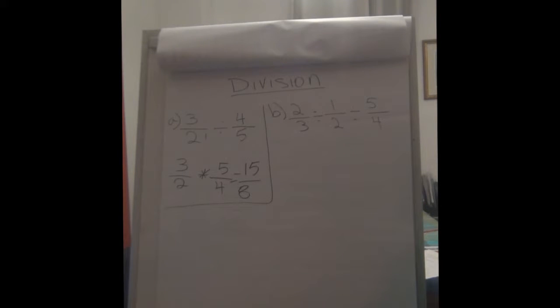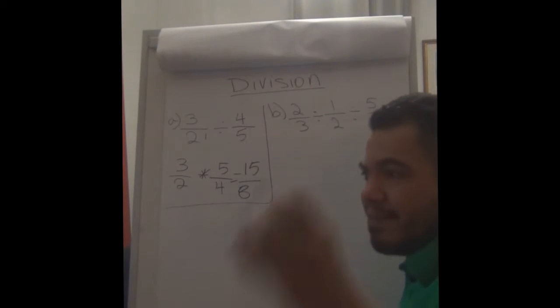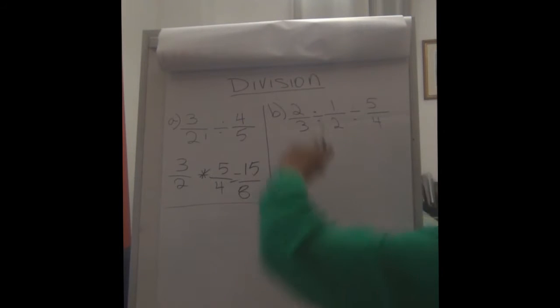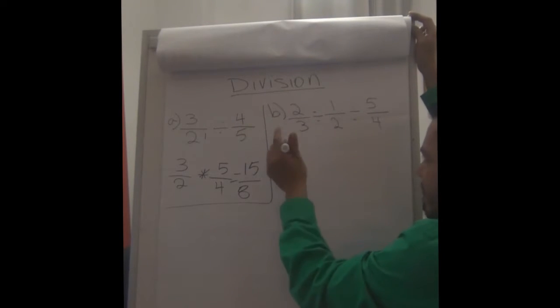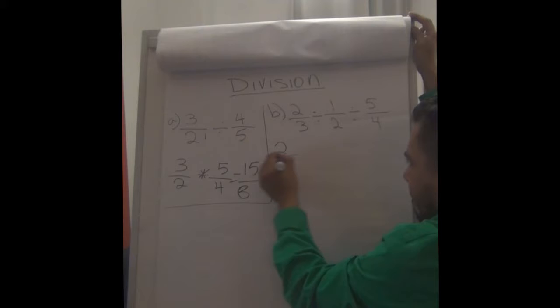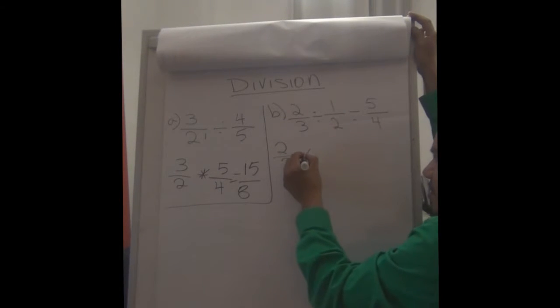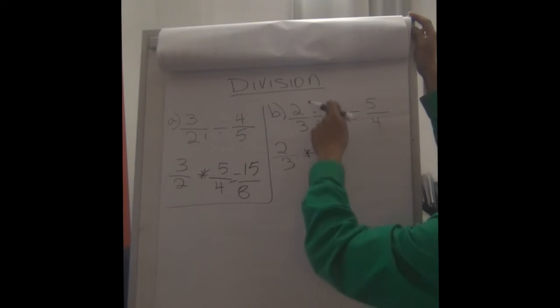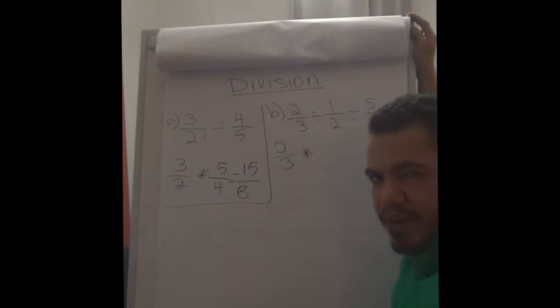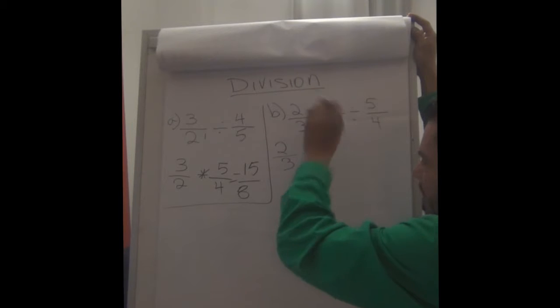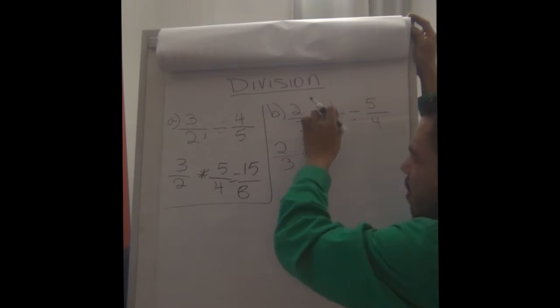What happens then? Well, the same concept applies. You're gonna keep the first fraction the same. You're gonna change this to multiplication. And now I'm gonna use academic vocabulary, so it's not just flipping. You're going to use the reciprocal of 1 over 2.